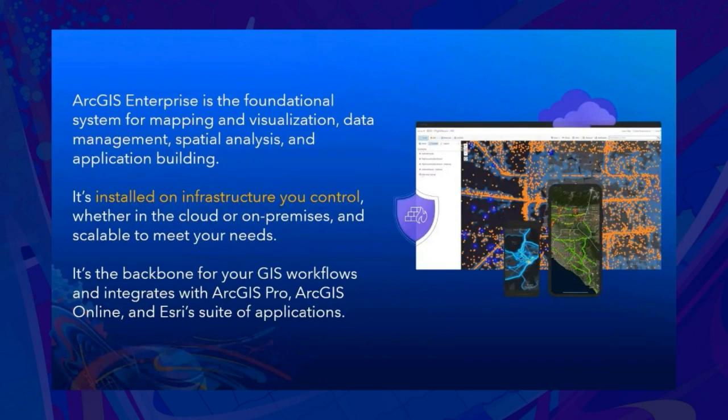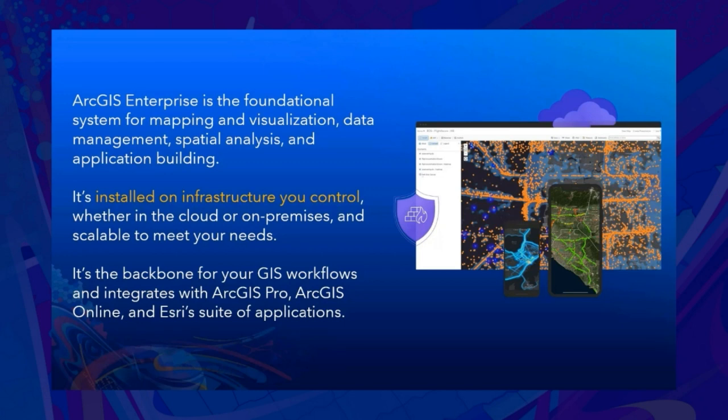Before we get into what's new in ArcGIS Enterprise, let's take a quick moment to talk about what is ArcGIS Enterprise. Enterprise is the foundational system for mapping and visualization, data management, spatial analysis, and application building. It's installed on an infrastructure you control, whether that be in the cloud or on premises.